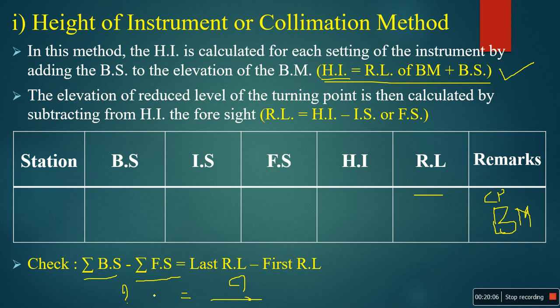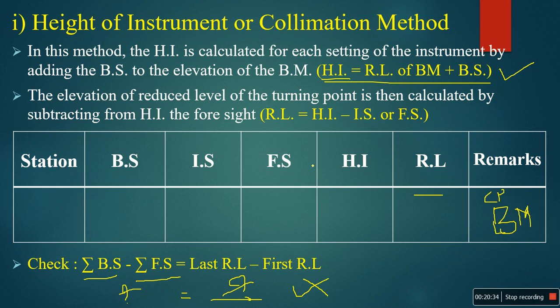If these two values are equal, then you know the calculation is correct. If the difference is not equal, then the calculation is wrong, and you have to solve the problem again. This is called the height of instrument or collimation method.